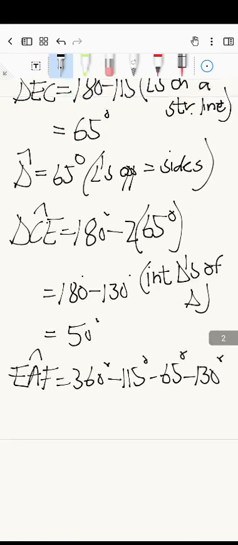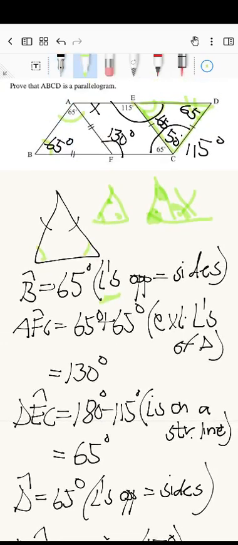Okay, so again, what am I saying? I'm saying that this is a quadrilateral. There's four sides, that's what makes it a quadrilateral. So this angle will be 360 minus this one, and this one.